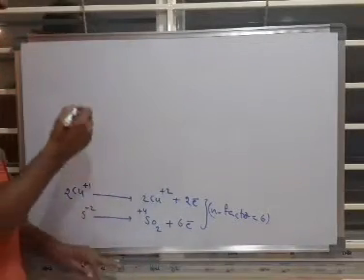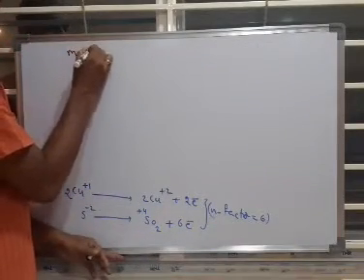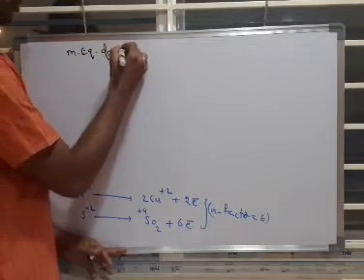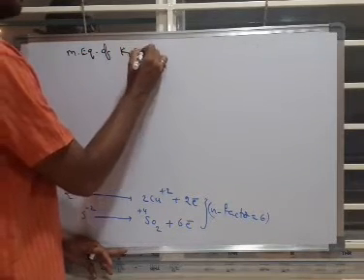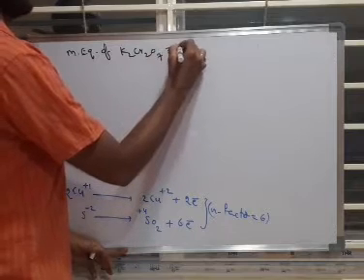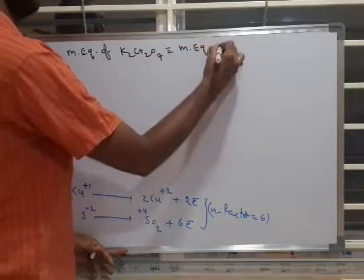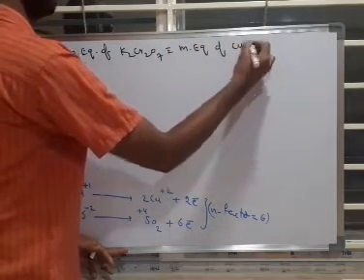Therefore we can write: milliequivalents of potassium dichromate is exactly equal to milliequivalents of Cu2S.